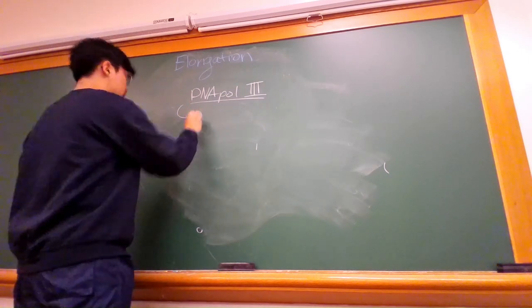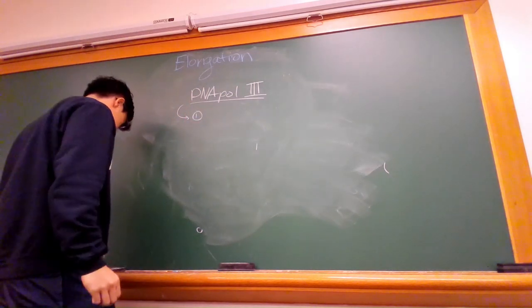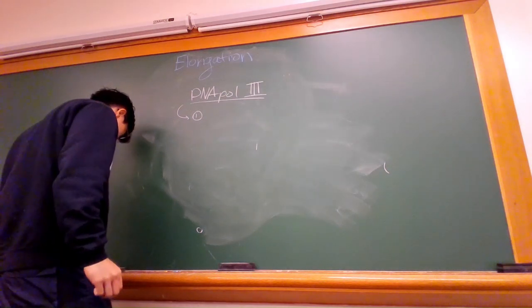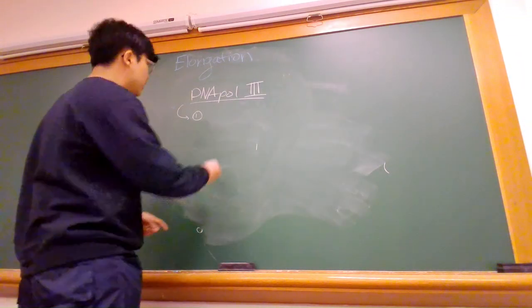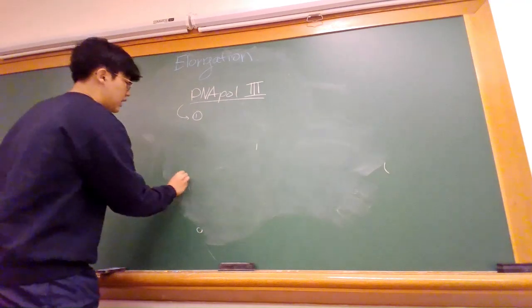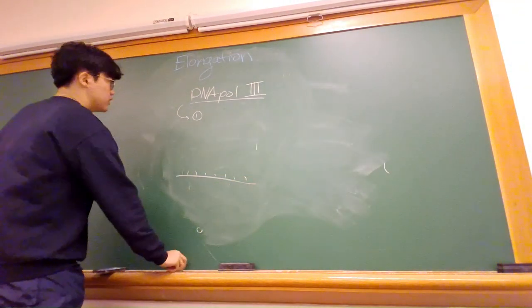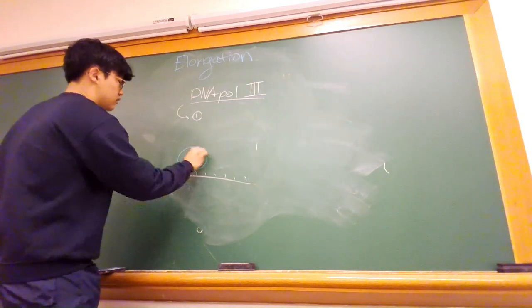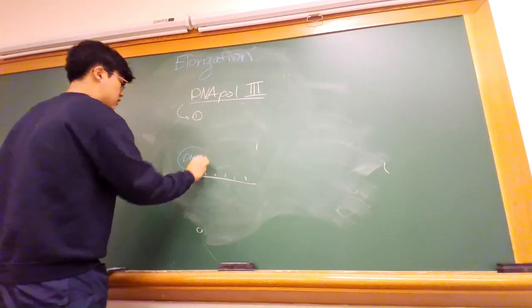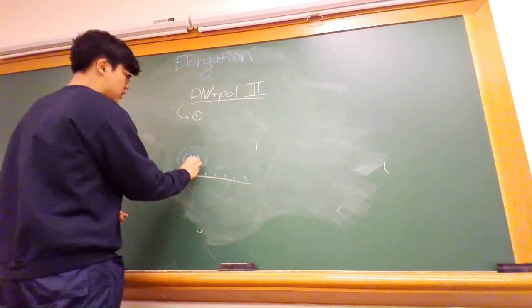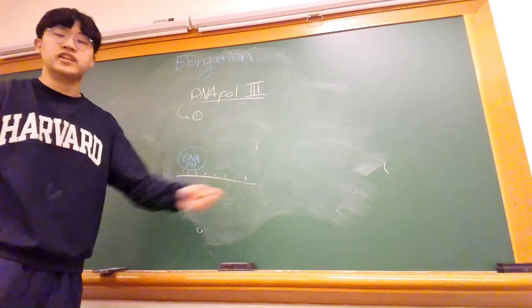So number 1, as you can see on the slides here: let's say you have a DNA strand here, and let's say this DNA Pol comes in. He can't just start making a strand just reading this other strand.